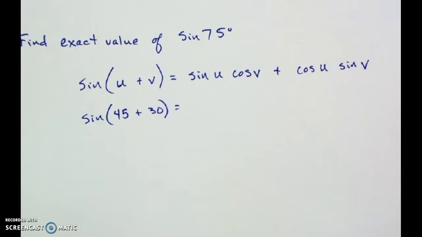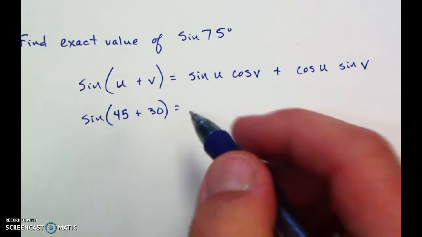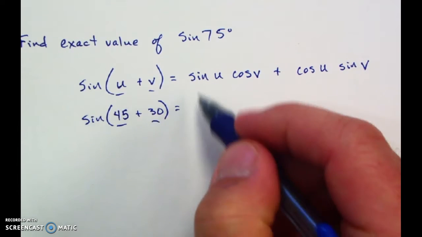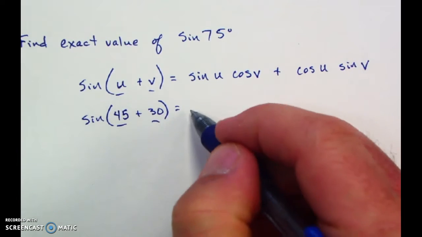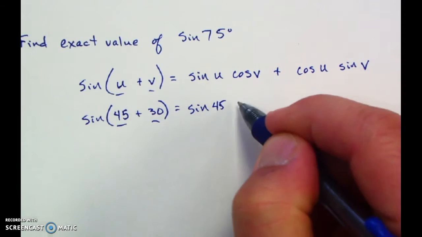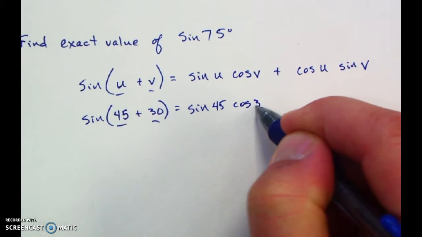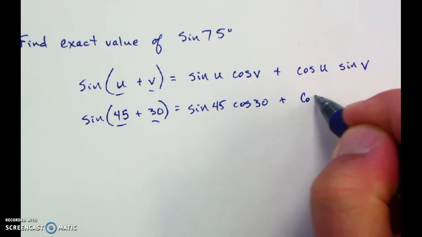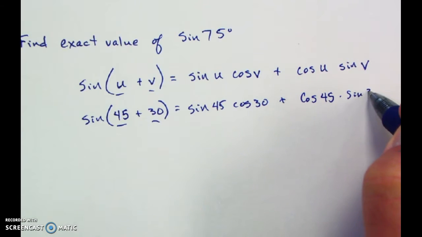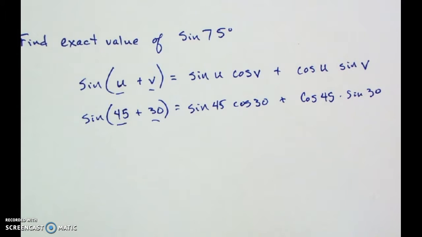So now I have my two separate angles, the 45 and the 30, and that's what I'm going to put into the formula. So I am looking at the sine of 45 times the cosine of 30 plus the cosine of 45 times the sine of 30.